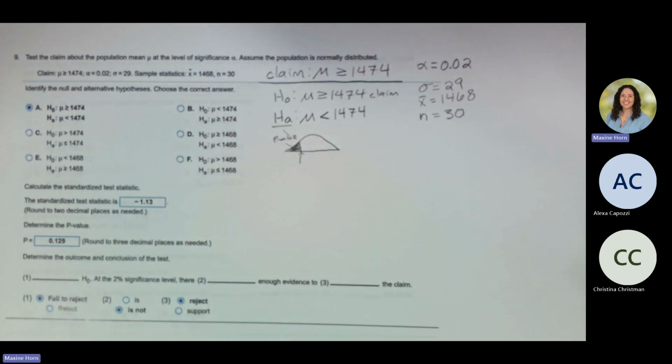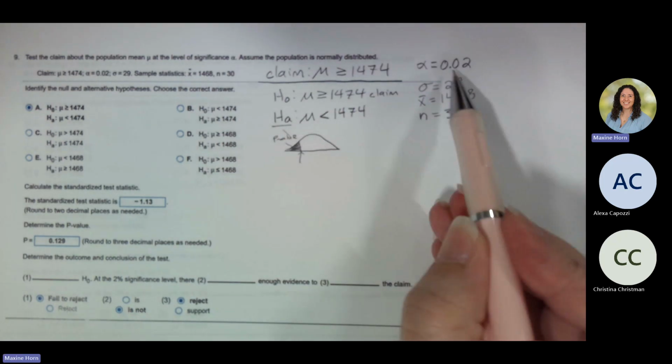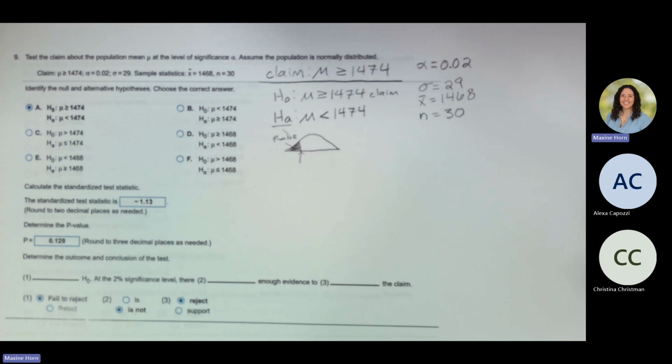And then we're going to compare that p-value to our level of significance, and that will tell us whether we reject or fail to reject the null hypothesis, and then we'll talk about how we write our final sentence from that. Then we're going to do all that in the calculator.